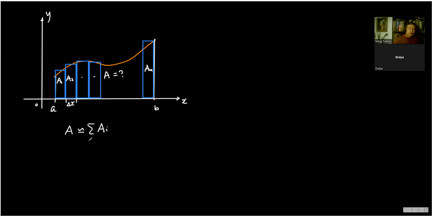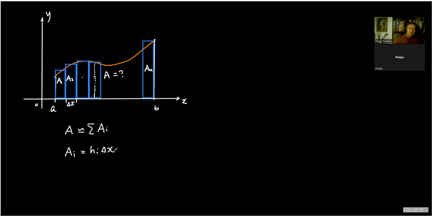So in this equation, for any rectangle, the area A will equal the height multiplied by delta x.